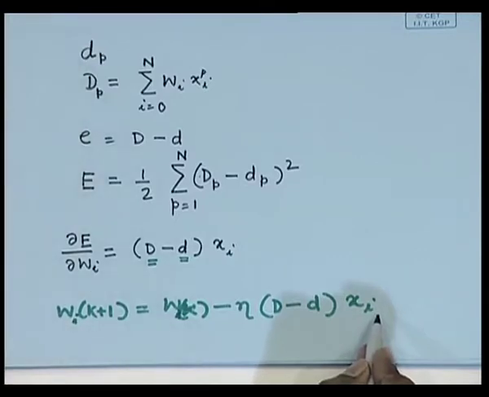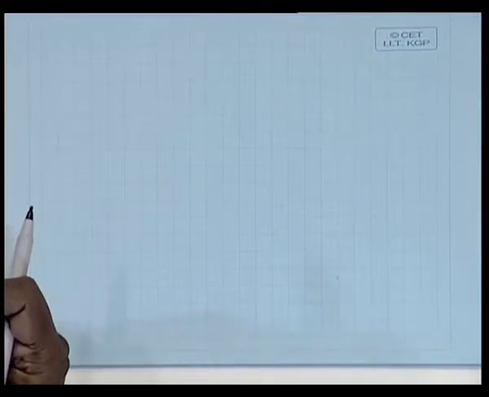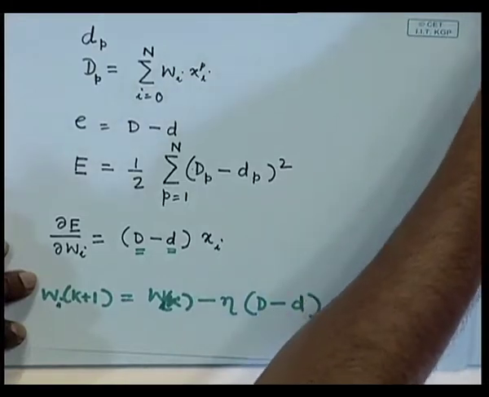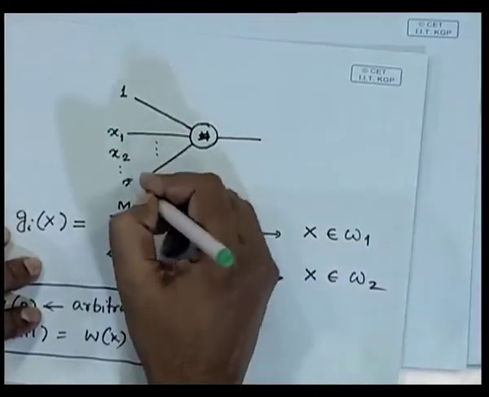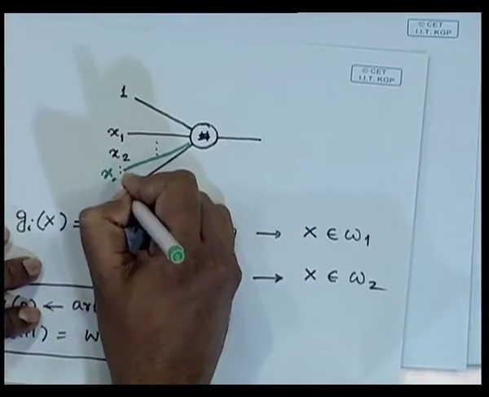Is that okay? So, this is what I have in the case of a single output, single layer perceptron, where this W i represents the connection weight from the ith component x i.